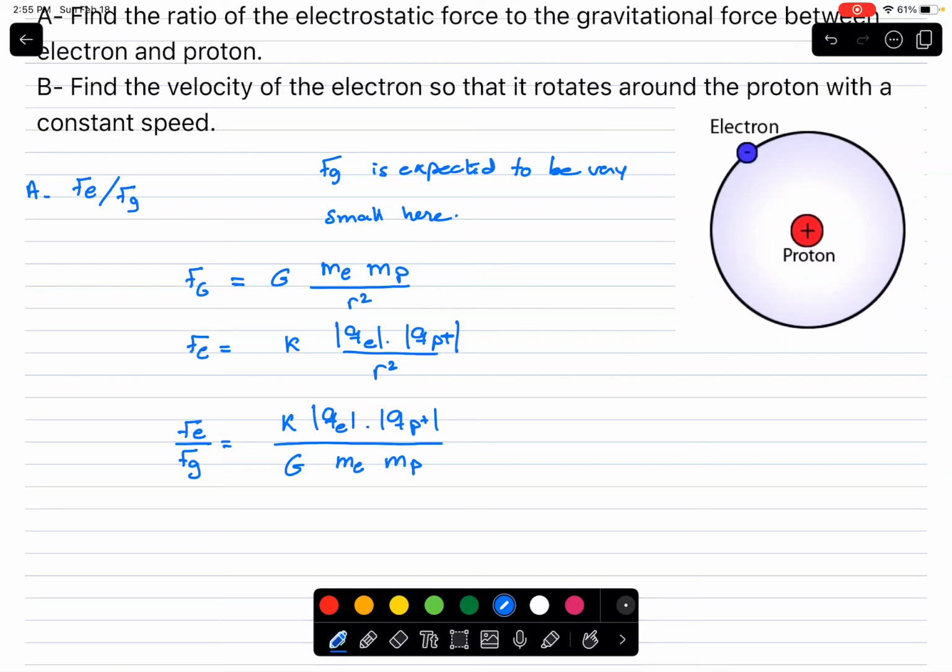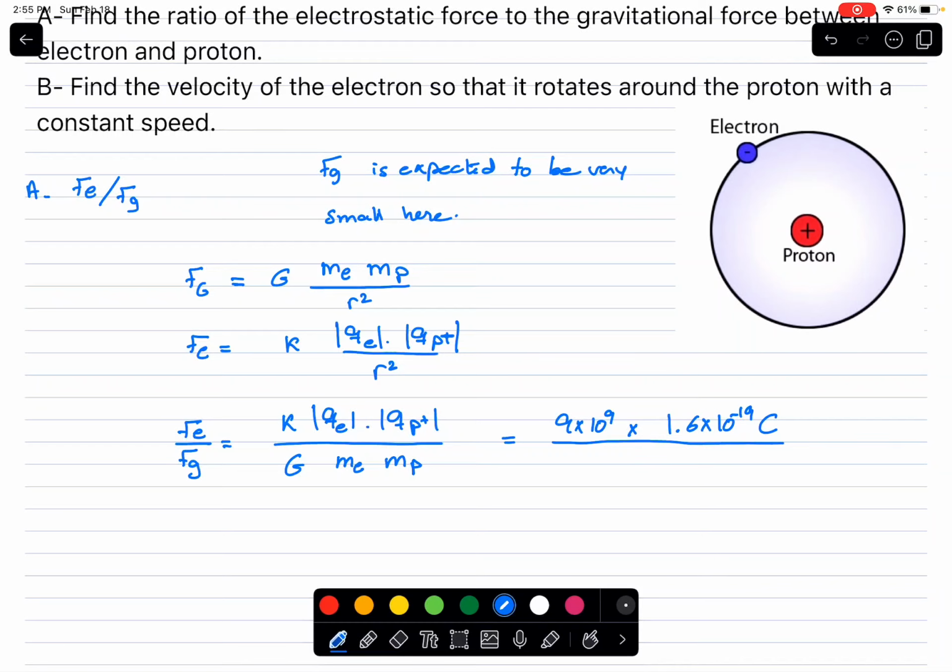We can just substitute K by 9 times 10 power 9. The charges of the electron and the proton are the same. It's 1.6 times 10 power minus 19 coulombs. They have opposite signs, but I will substitute everything here in positive values as we said earlier.